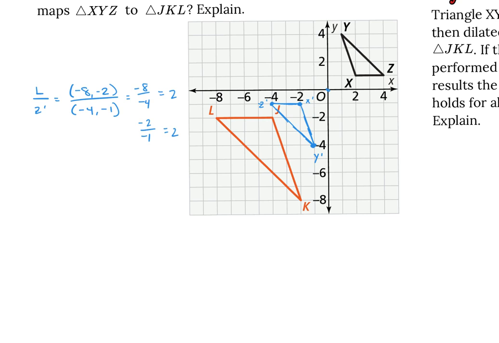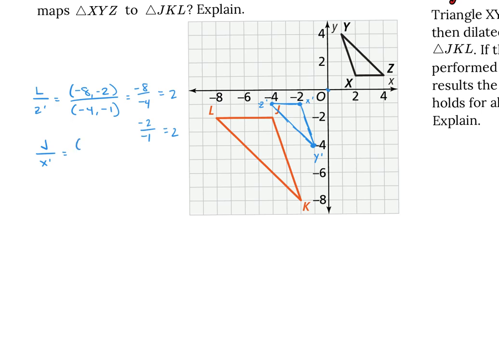I can test that out again with another point. So let's do J and X prime. So J is -2, -1. Oh, that was my X prime. I'll flip those.